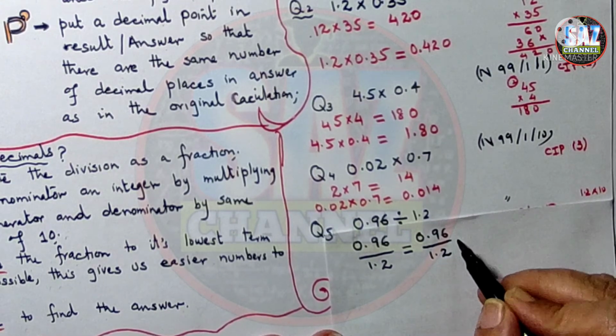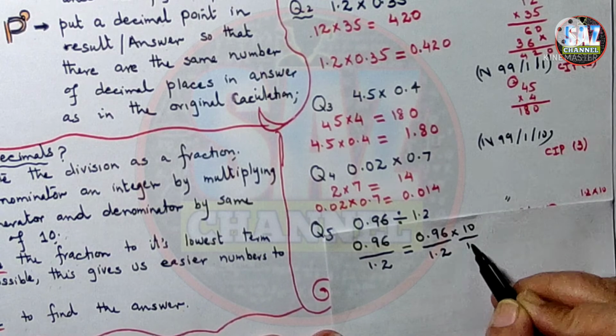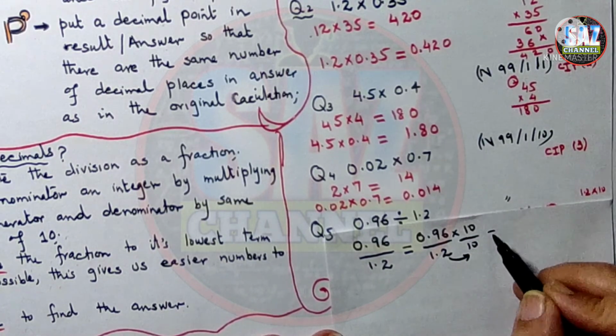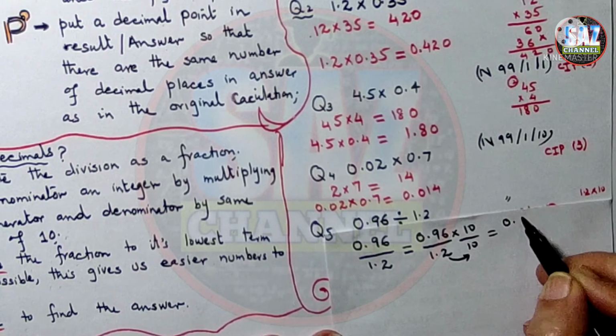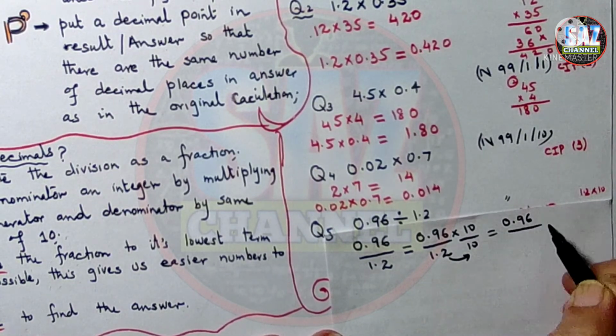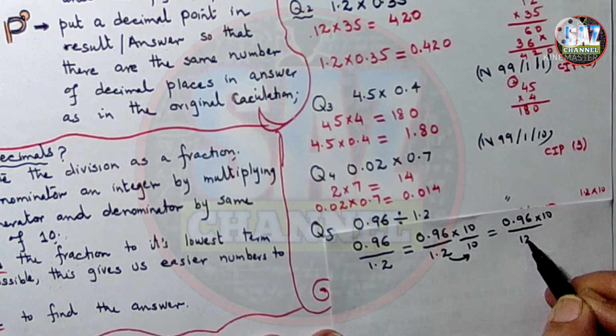So the question will take the form 0.96 multiplied by 10 upon 10. Now this will become 12.